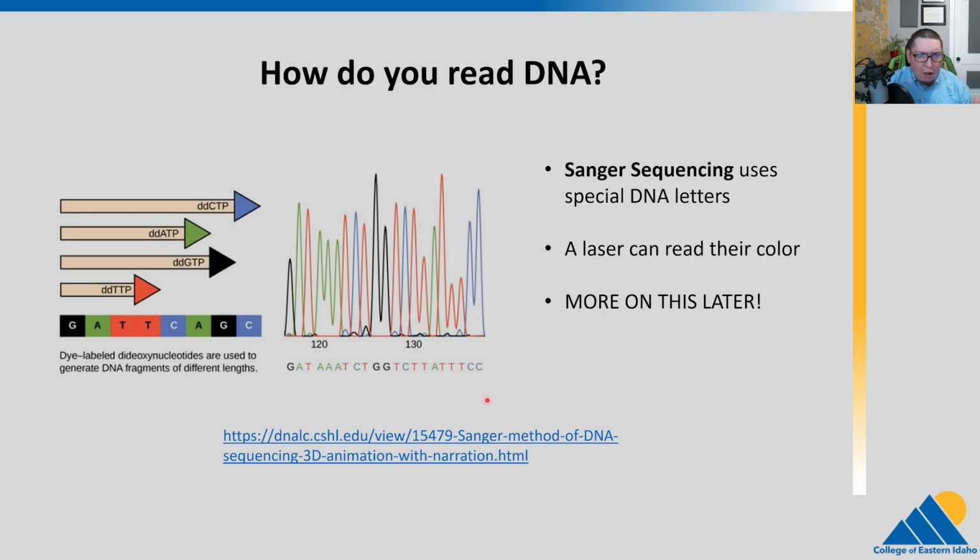In effect, it's basically a very, very super dense gel that separates out DNA one letter at a time. And we have to use special DNA letters that have a fluorescent label on the end of them, and they will glow under a laser light. We'll talk more about this later. I'm going to show you an animation of this right now.